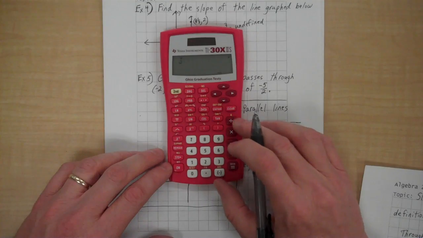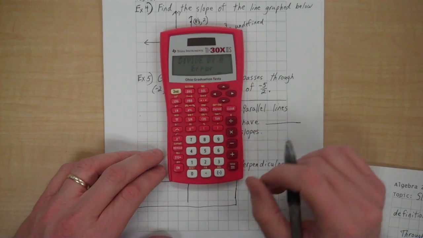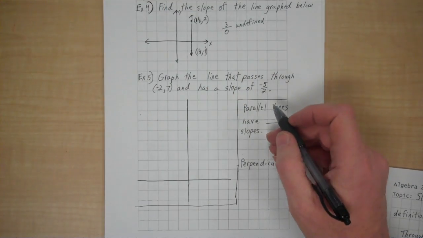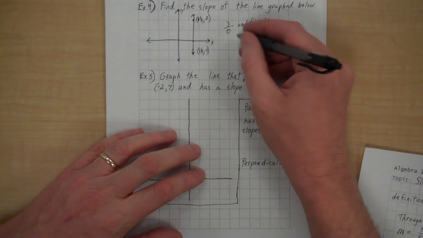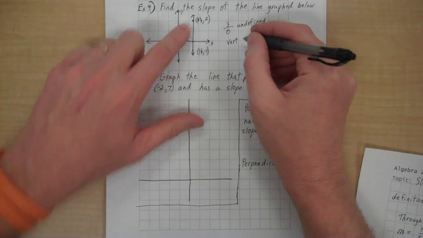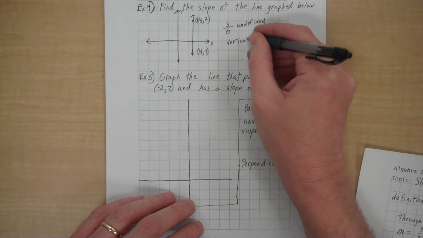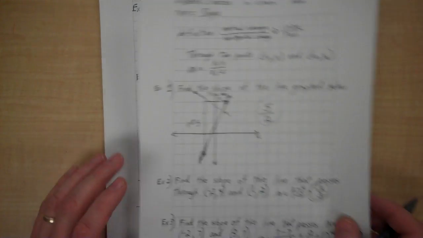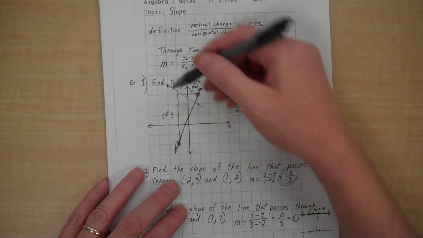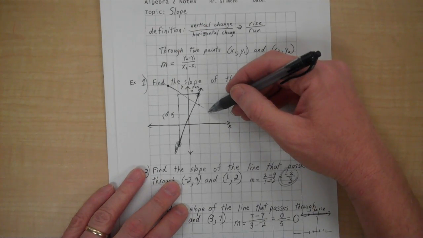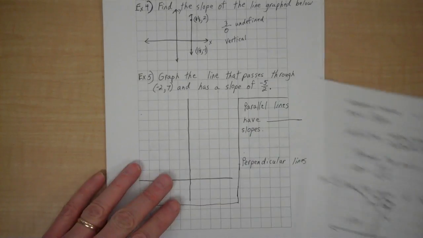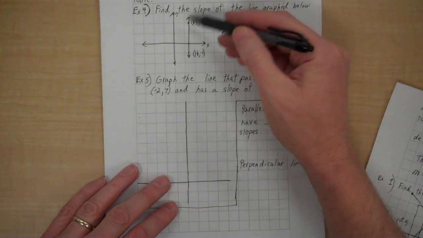If you take 3 divided by 0, it says don't do it. Don't do it. It's undefined. And vertical lines, like the one you see right there, have undefined slopes. So I do want you to associate, if you haven't already, positive slope slants up from left to right, negative slope slants down from left to right, 0 slope is a horizontal line, undefined slope is a vertical line.